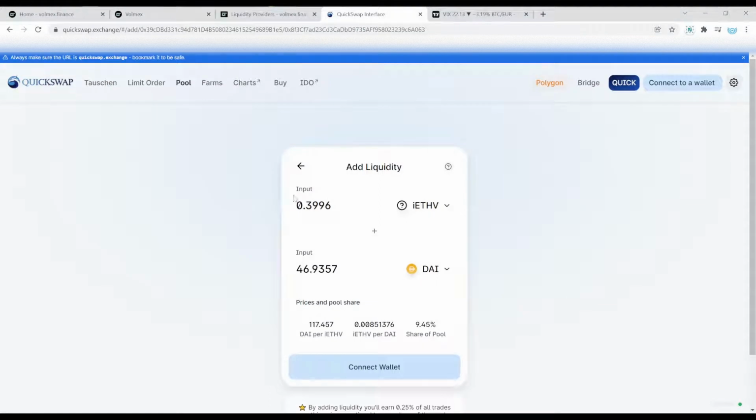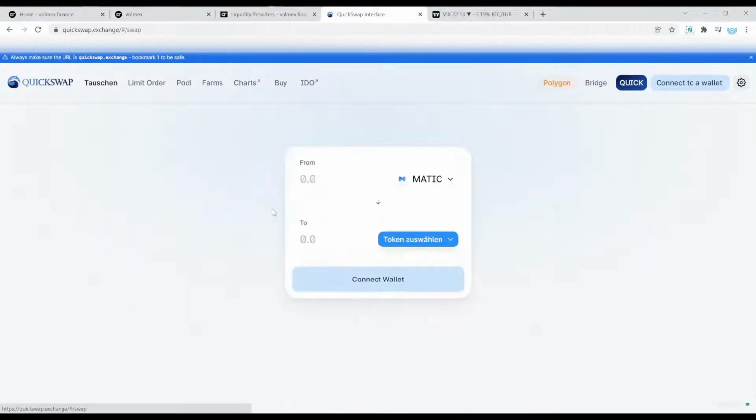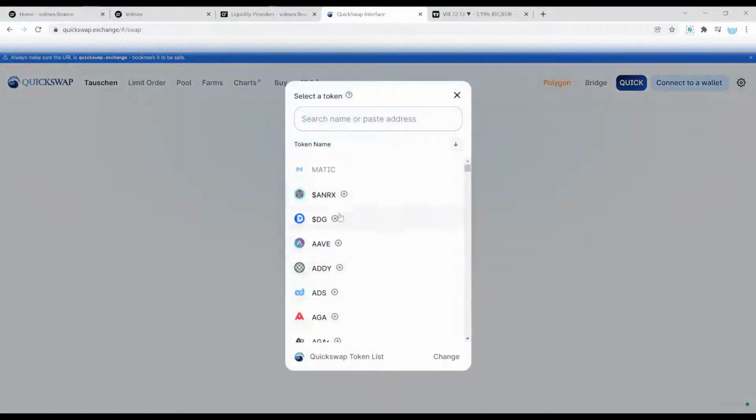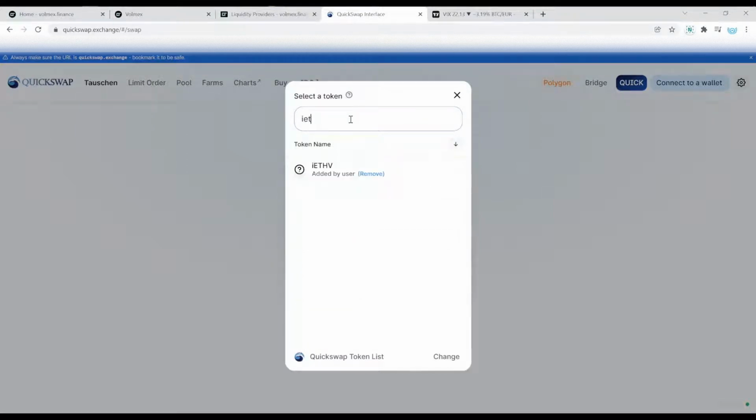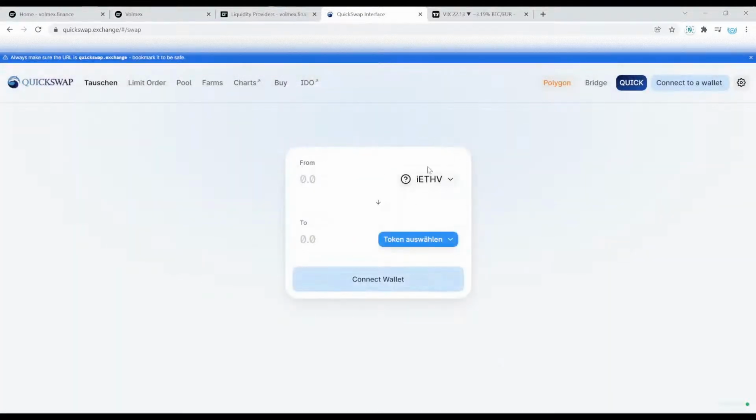Actually, in this case, you would need to come over here, and you could buy this IETHV, which is the inverse Ethereum volatility token, which means this one is moving inverse to the volatility.